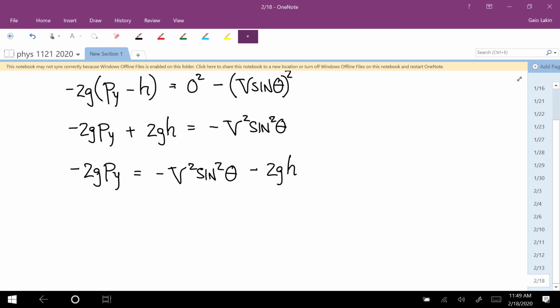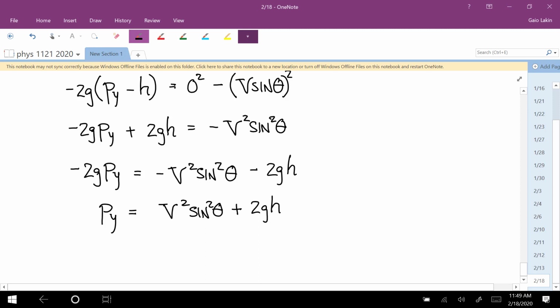And if you divide everything by negative 2g, you get that py is equal to, there's a few ways you could simplify it, but I'll leave it like v squared sine squared theta plus 2gh. Divide the whole thing by 2g.